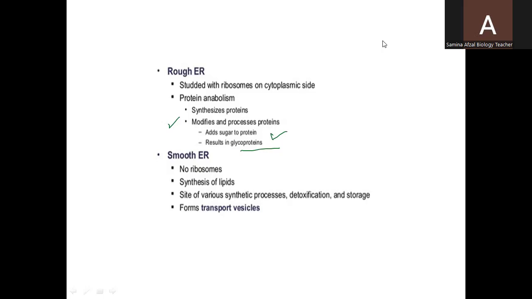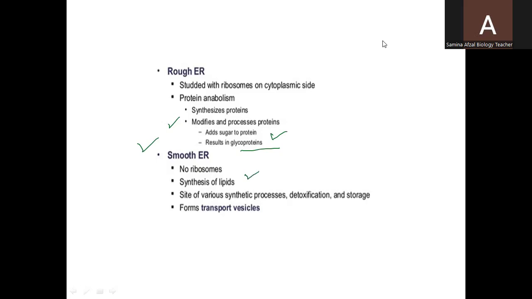Now the other type of endoplasmic reticulum doesn't have ribosomes attached, so it looks like a very smooth structure. It is not involved in protein synthesis. Mostly its function is the synthesis of lipids.